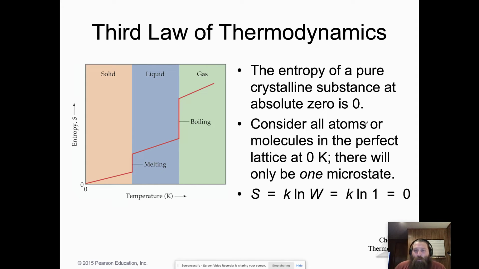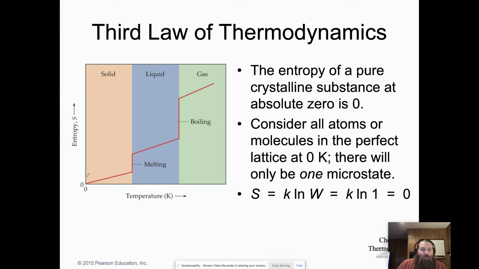Well, if you have 0 degrees Kelvin, and we know that Kelvin measures molecular movement, then at 0 Kelvin there would be no molecular movement, so there'd only be one microstate. The natural log of 1 is 0, so k times 0 is 0, which would mean entropy is 0.